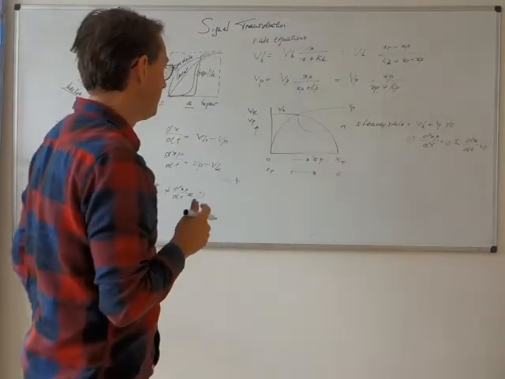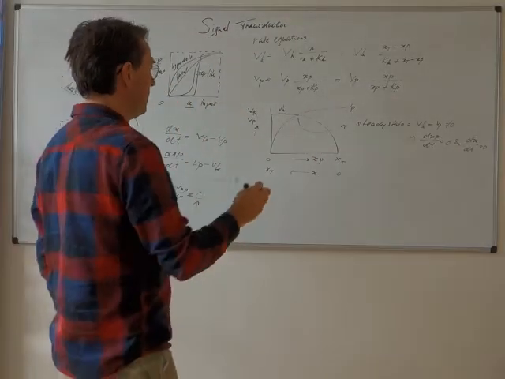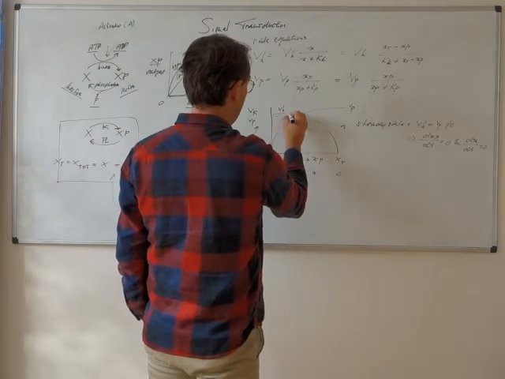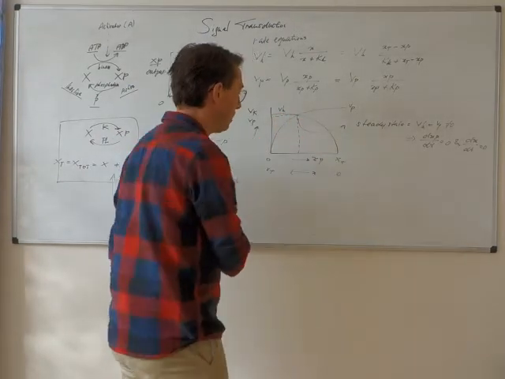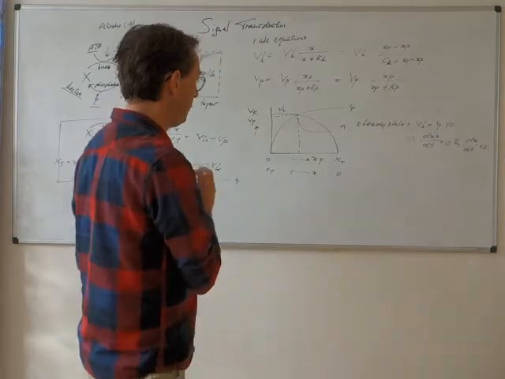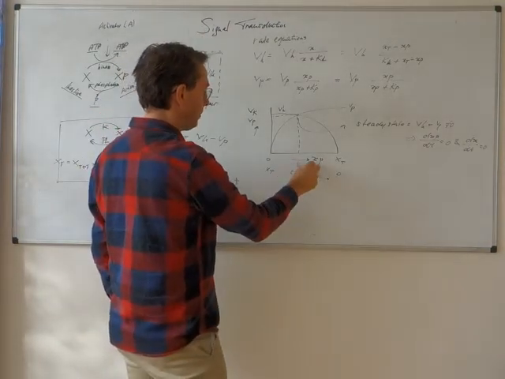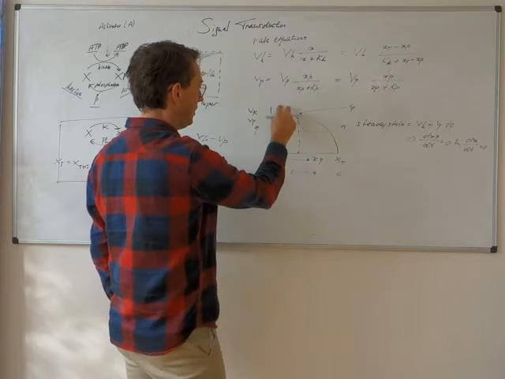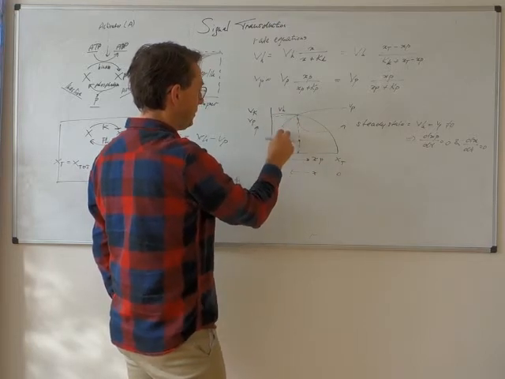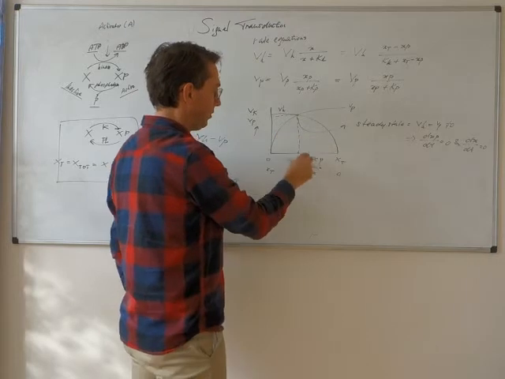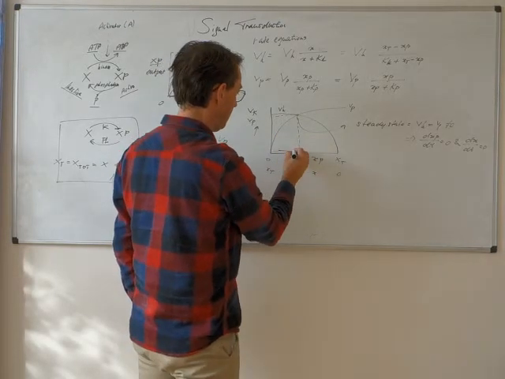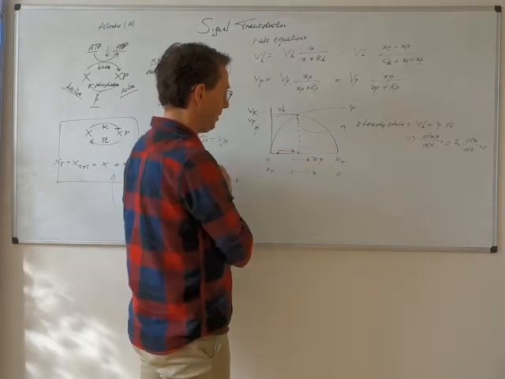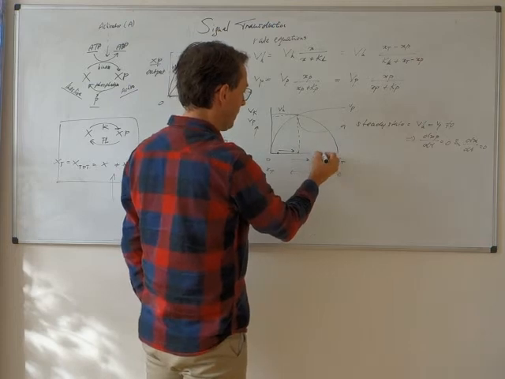Now you can ask the question, is that steady state stable? So will the system always go to that steady state? Well, it will, because for concentrations of XP lower than the steady state concentration, the kinase rate exceeds the phosphatase rate, so you will get more XP. So for this initial condition you move in that direction, and for that initial condition you move in that direction.